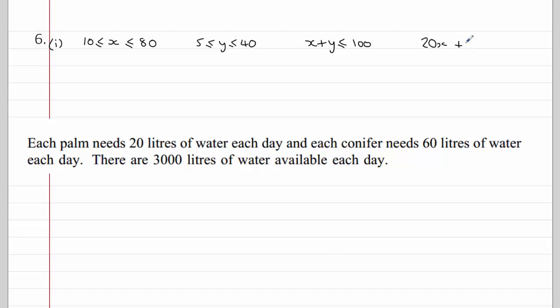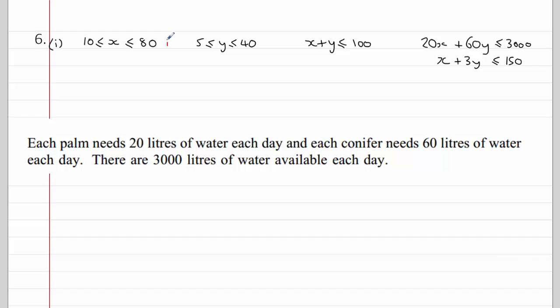So we get 20x plus 60y, and this must be less than or equal to 3,000. As 20 goes into all three of these numbers, we can divide through and simplify this inequality. So we get x plus 3y is less than or equal to 150.